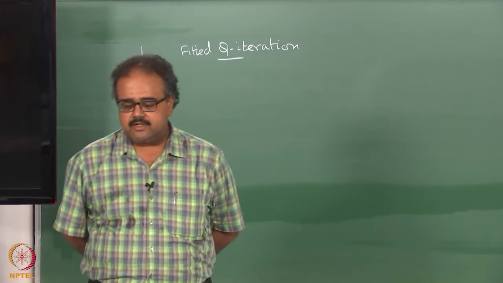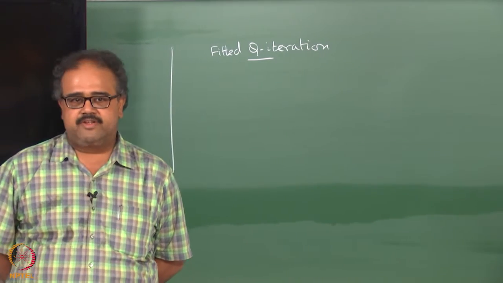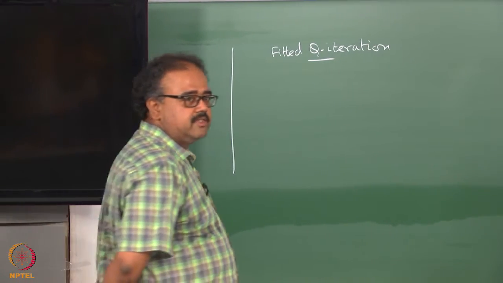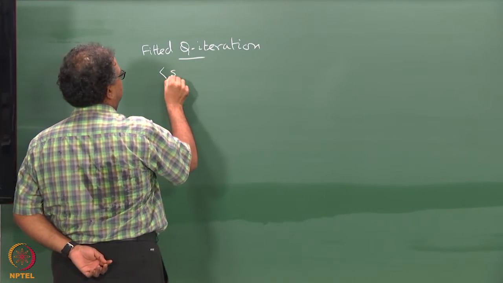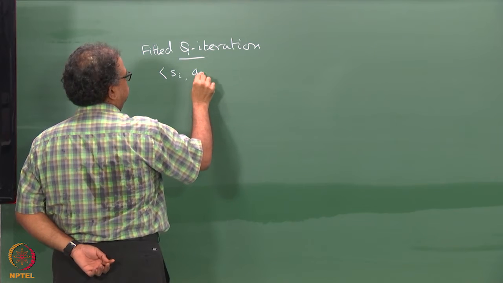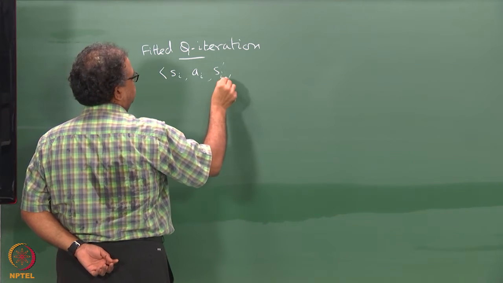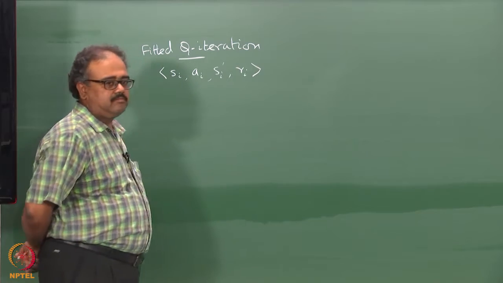So, the next thing I started talking a little bit about is fitted Q iteration. The idea behind fitted Q iteration is very simple. Essentially what you do is you gather data of the form... right.